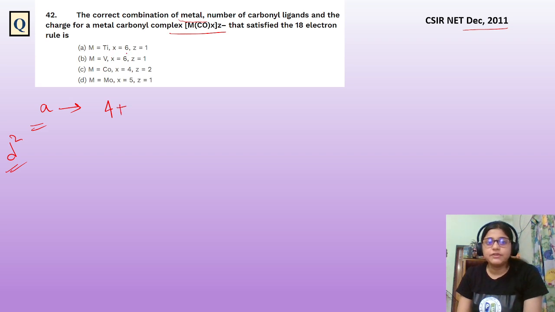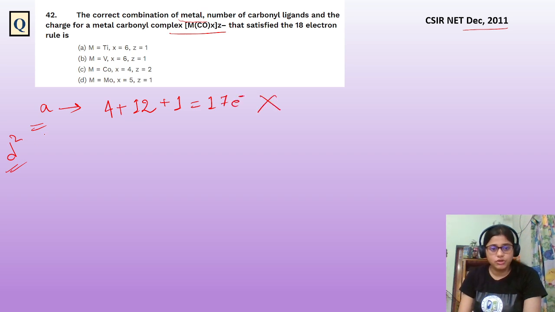Then X is given as 6, means CO is 6, 6 into 2 is 12. Z is 1, one negative, plus 1. So it is 17 electrons. It is not obeying the 18 electron rule, so the set is not correct.